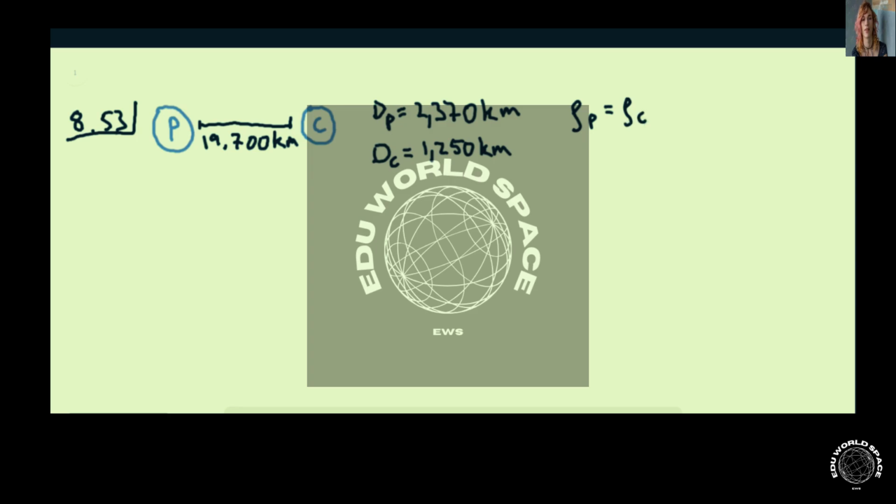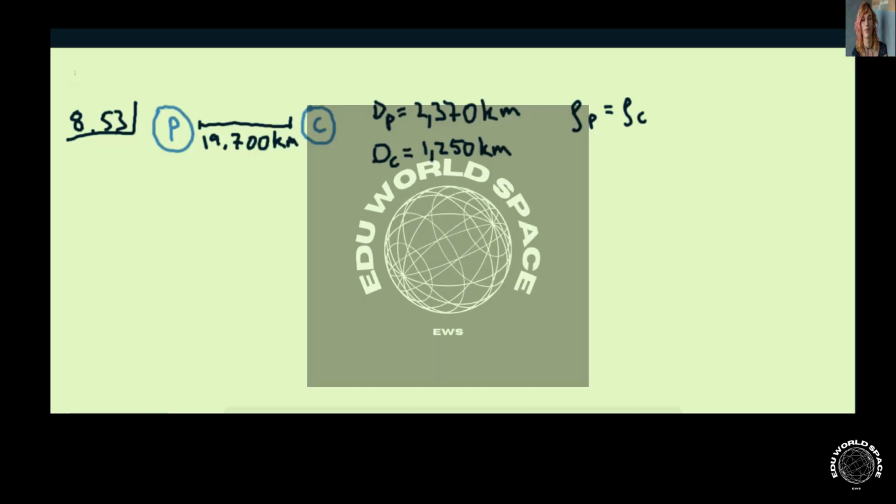Now, as far as I know, we don't actually know what the masses of Pluto and Charon are exactly, or even have a really good estimate for it. So this is not just the textbook being difficult. This is actually a practical thing you might need to do if you know how big something is, which is fairly easy to figure out from observations, but you don't know how massive it is.